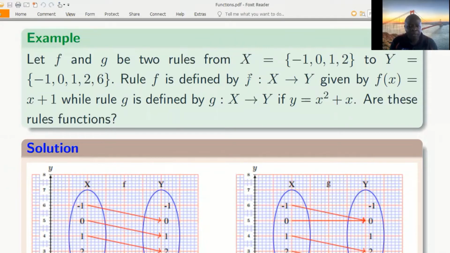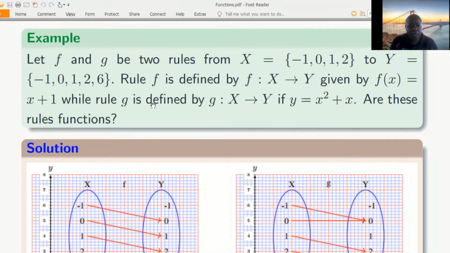Rule f is defined as f assigns elements of x to those of y, such that f of x equals x plus 1. While rule g is defined as g assigns elements of x to those of y, where y is given by x squared plus x. So the question is, are these rules functions?